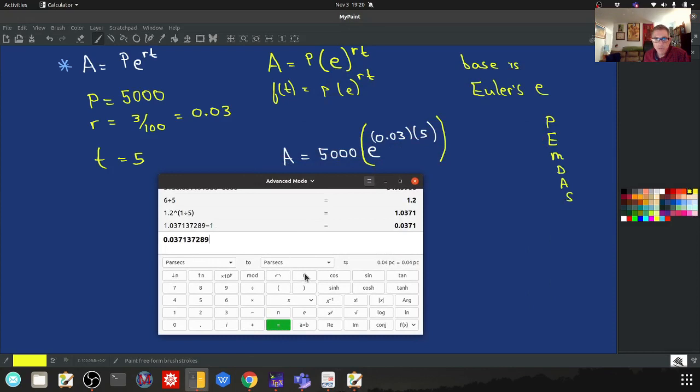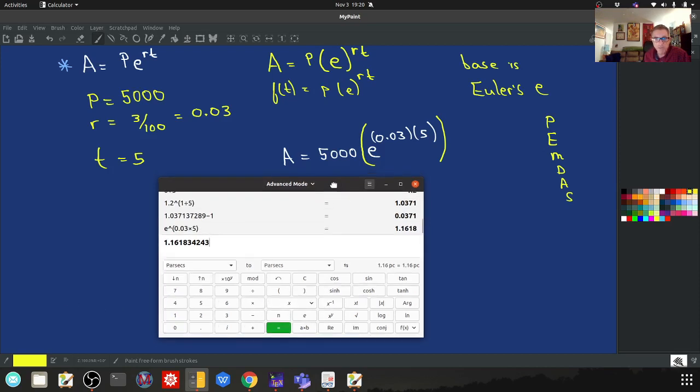So I'm going to clear it. If you see right here, I have my e. I'm going to write my e, and it knows what the value is. And it's going to be raised to the y value, and the y is 0.03 times 5. Now I'm going to hit equals, and then I'm going to multiply.